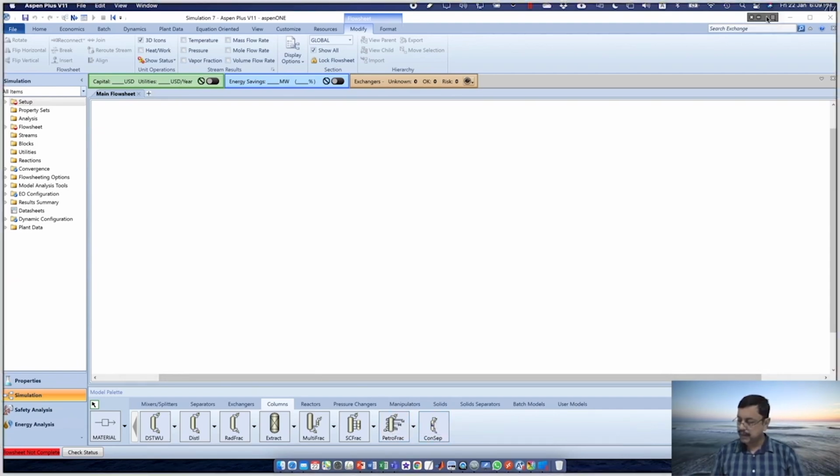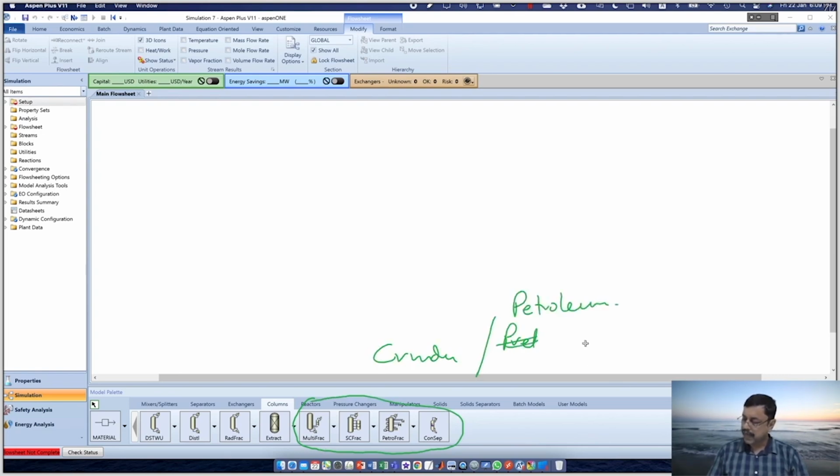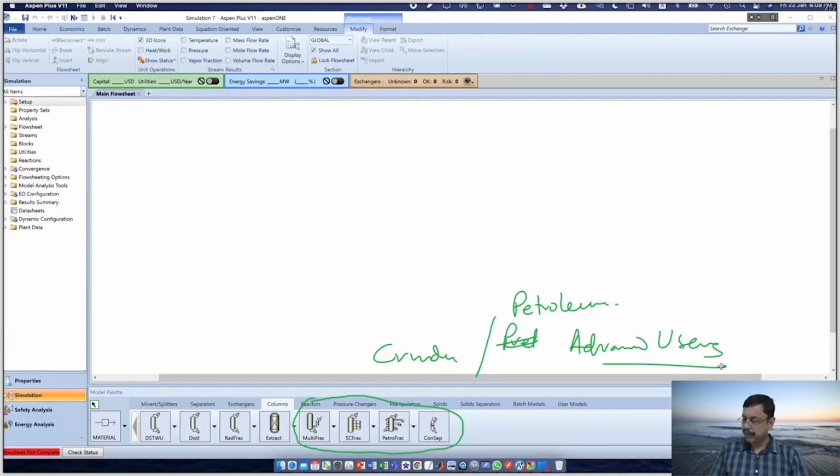So you can understand that these 4 are mainly for crude and they are principally used in petroleum industries. Obviously, they are for advanced users and they are not within the scope of this lecture series. So in today's lecture, we will limit ourselves to the first 4, that is DSTWU, DISTL, RADFRAC, and Extract.